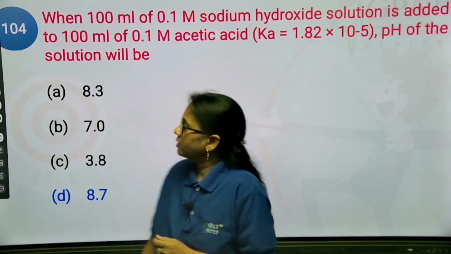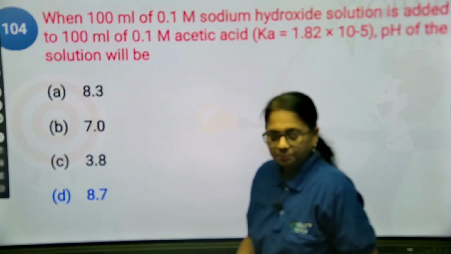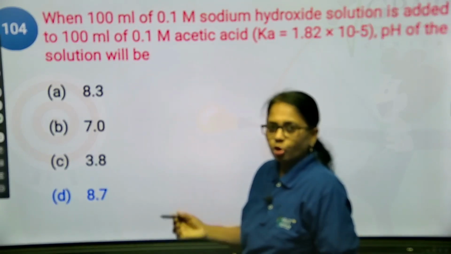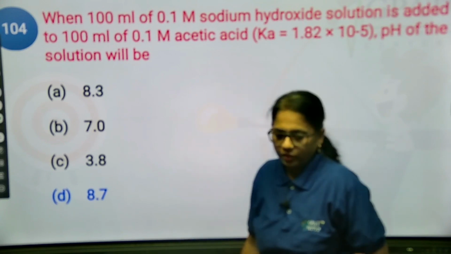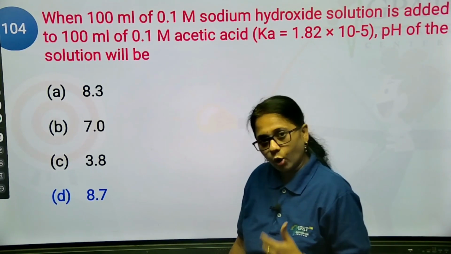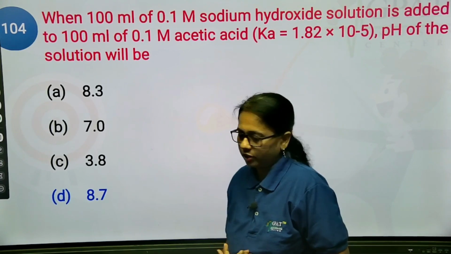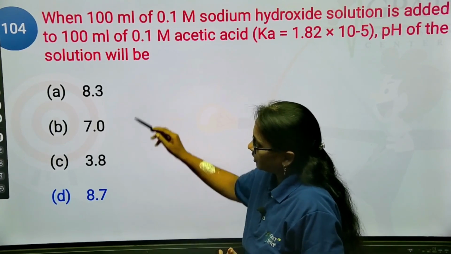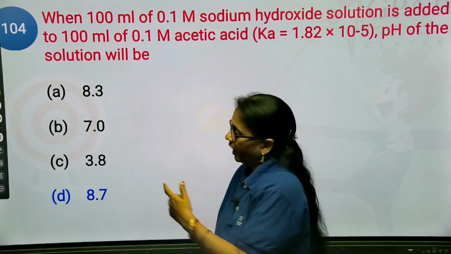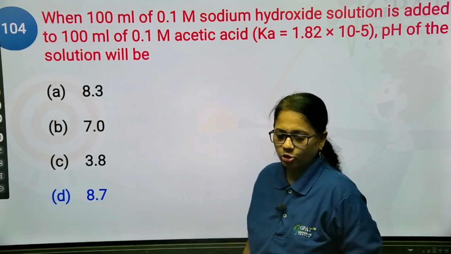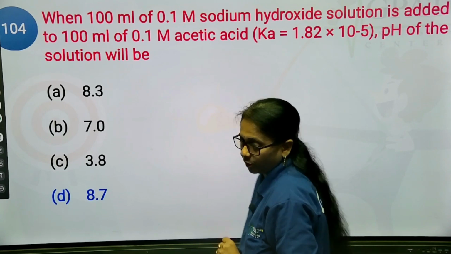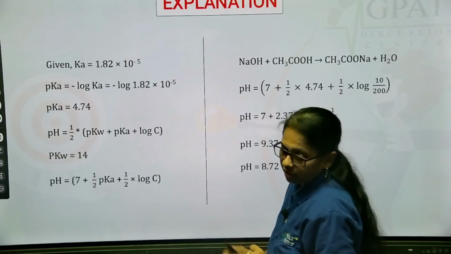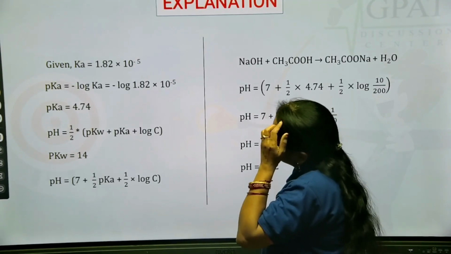Since sodium hydroxide is a strong base added to a weak acid, you are going to get obviously a basic pH only. So mostly the pH will range between A or D, but these two are very closely related, 8.3 and 8.7. Let us see which option is the right answer.